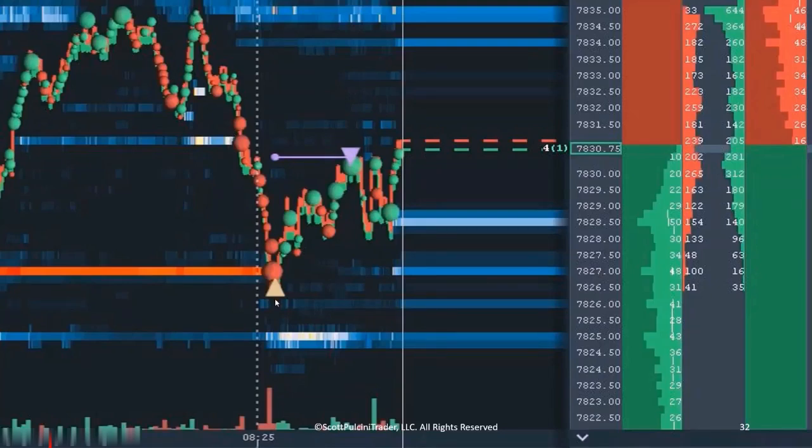Price comes down, I take the chance to fade this move on a volume peak over here, anticipating this move to 25, and take some profits at 4 points higher, okay, with very minimal risk.